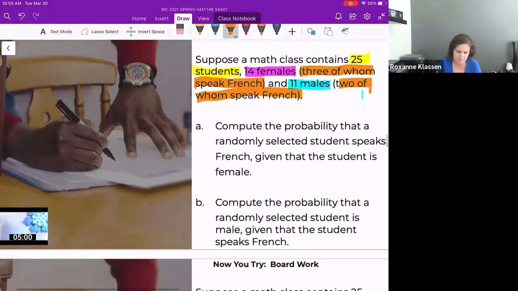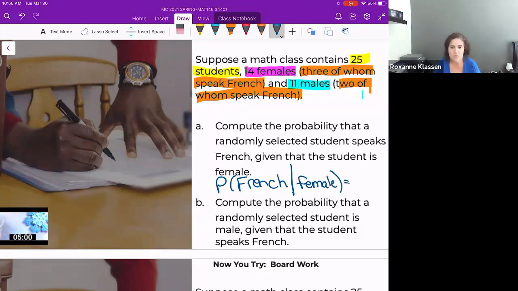So this one says, compute the probability that a randomly selected person speaks French, given that the student is female. So we're going to say the probability that they speak French, given, that's why I'm drawing that vertical line, that the student is female. So let's think about this one. Remember, I always say I start at this second part.